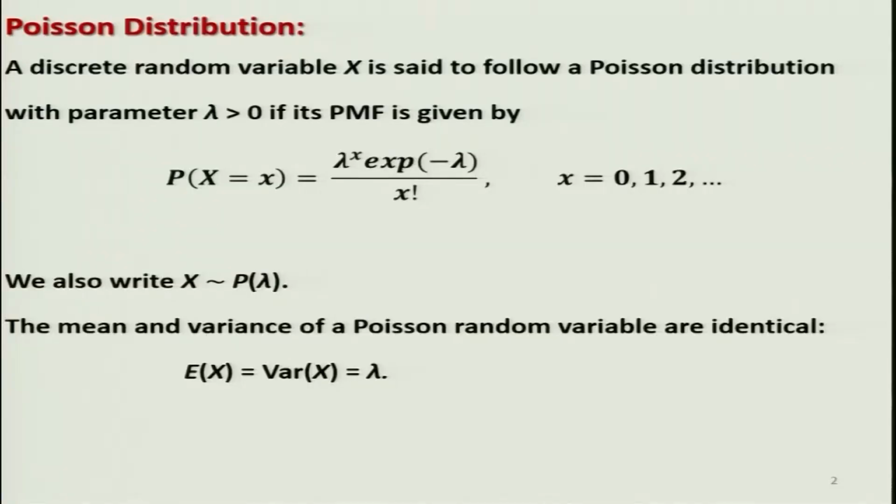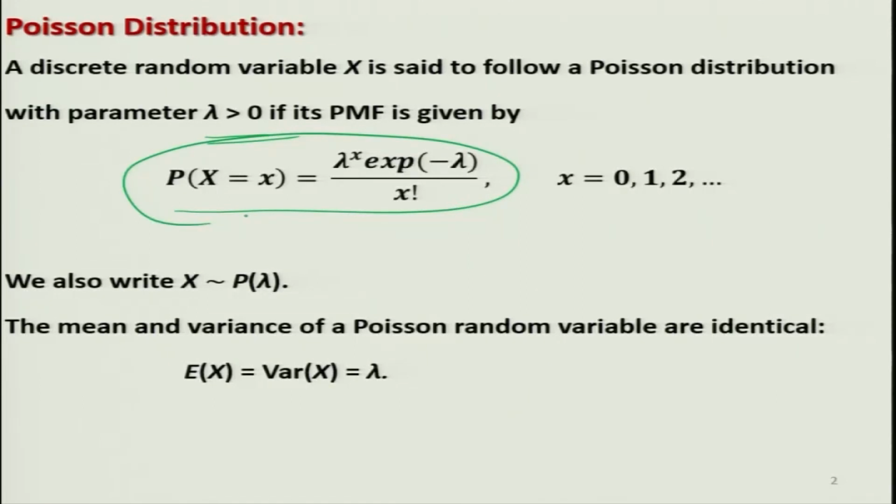Now we try to understand how we can implement the Poisson distribution concepts in R software. Just for a quick revision, a discrete random variable X is said to follow a Poisson distribution with parameter lambda greater than 0 if its probability mass function is given by P(X = x) = lambda to the power x times exponential of minus lambda divided by factorial x, where the range of x is 0, 1, 2, and so on.